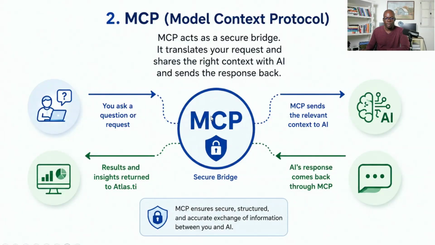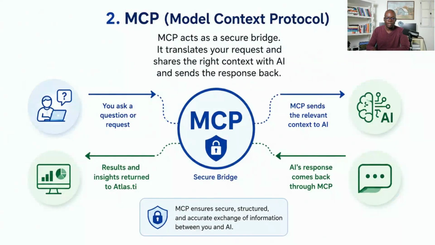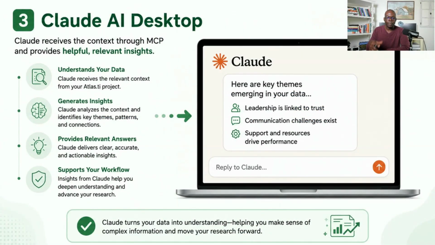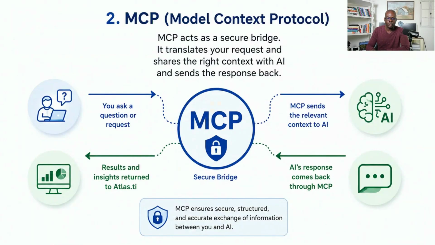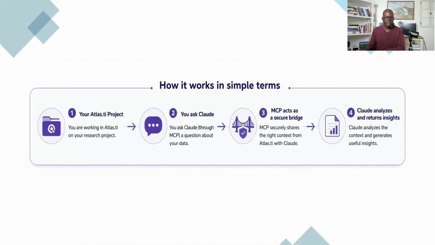So with MCP, you are able to connect this project to Claude so that when you ask the system, okay, can you code my data for me, or can you extract information that is significant, Claude will access your project through MCP so that it can provide you an answer that meets your expectations, right? So that's how this is done.